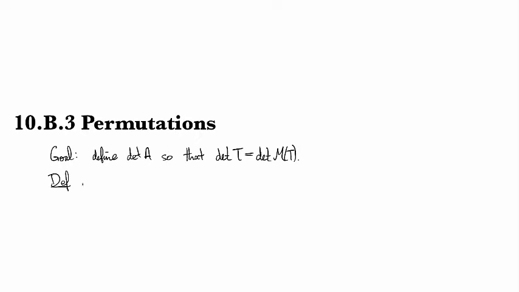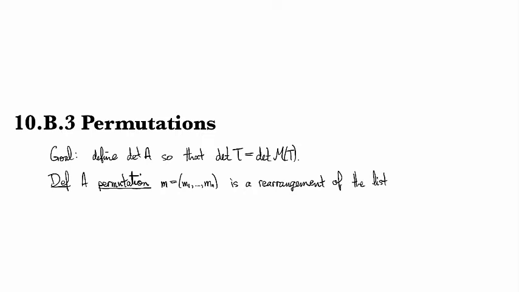So for this, we need the idea of a permutation. So a permutation, we can write it as a sequence, is a rearrangement of the list 1, 2, up to n.